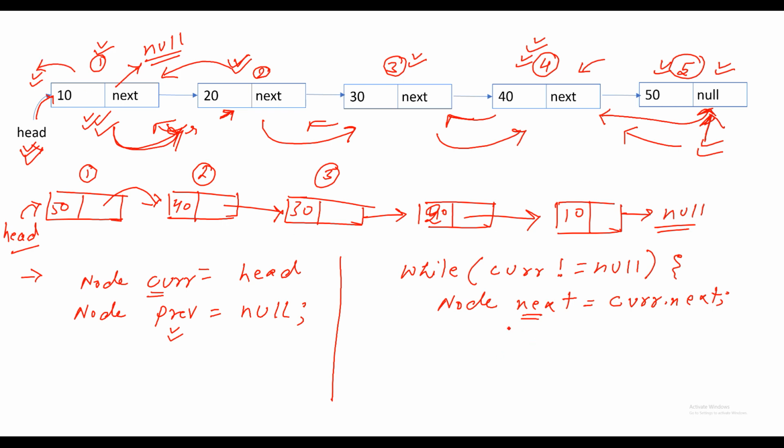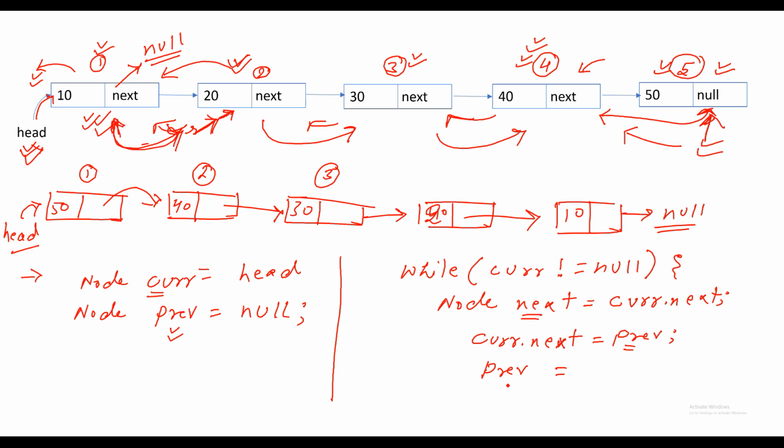So here there is nothing. So what you can do, you can make your current.next point to previous, right? And once your current.next is pointing to previous, you have to keep track of your previous also. So once your current moves to the next node, your current will become the previous. Once your current moves to this next node, this will become the previous, right?